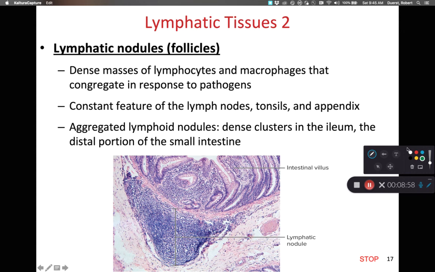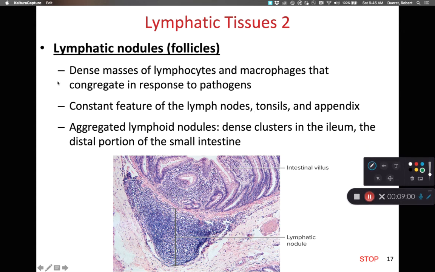We also are going to have lymph nodes or lymphatic nodules, sometimes referred to as lymphatic follicles. And instead of having diffusely scattered lymphocytes, we're going to have a dense mass, an aggregation of lymphocytes in addition to macrophages. And these tend to congregate in response to pathogens being present.